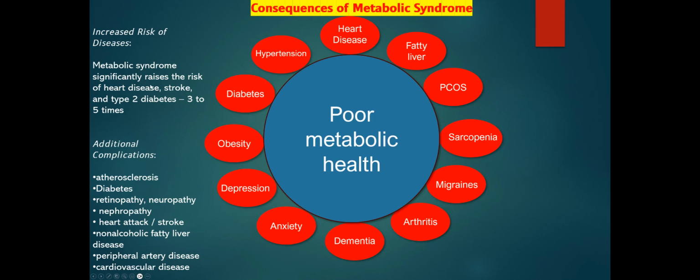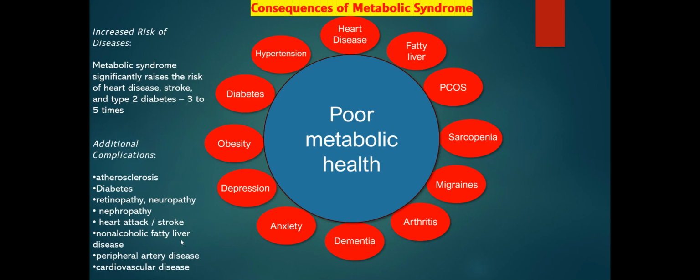Like we discussed earlier, metabolic syndrome increases the risk of heart disease, stroke, and type 2 diabetes by 3 to 5 times, and leads to all the other chronic diseases, including atherosclerosis, retinopathy, neuropathy, nerve pain, foot pain, heart disease, stroke, fatty liver, peripheral vascular disease, diabetic foot ulcers, and heart diseases.